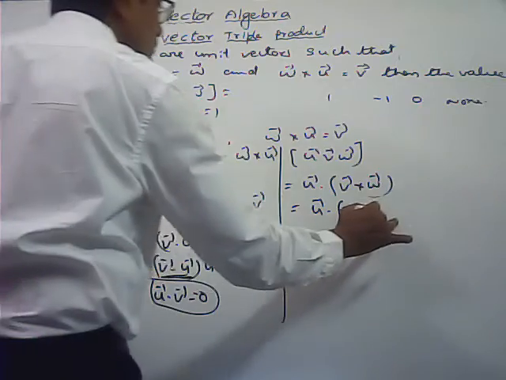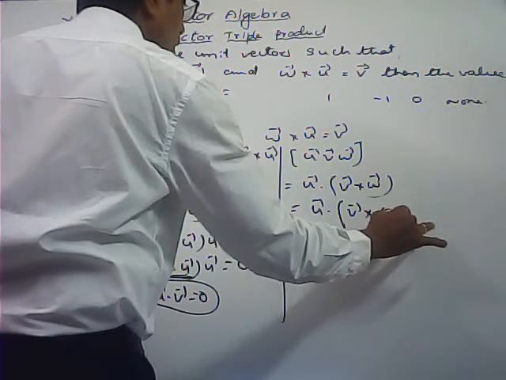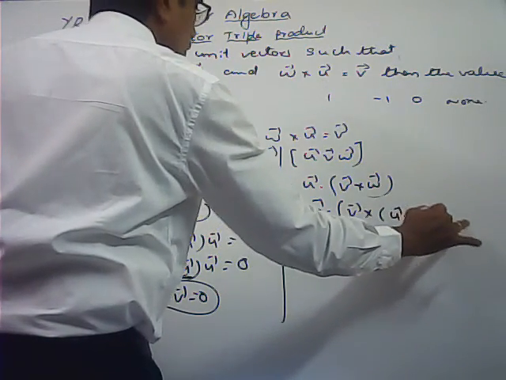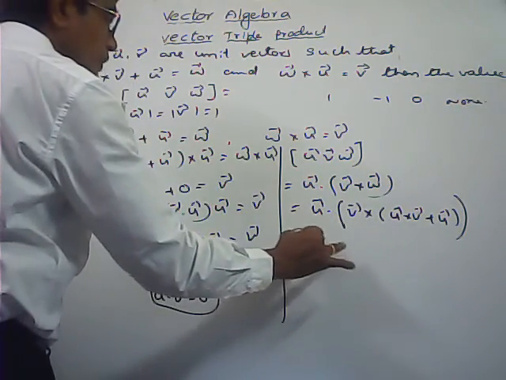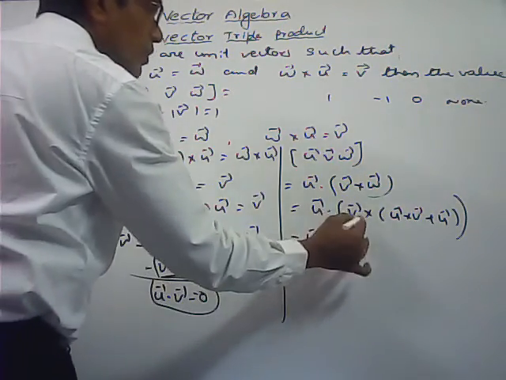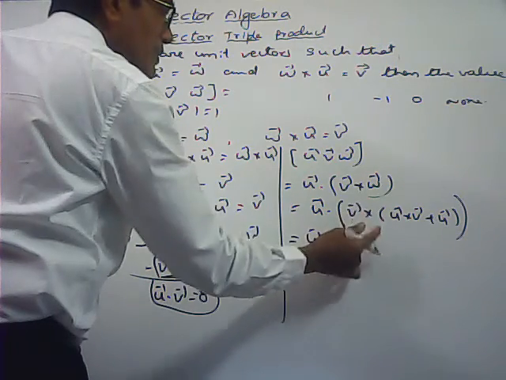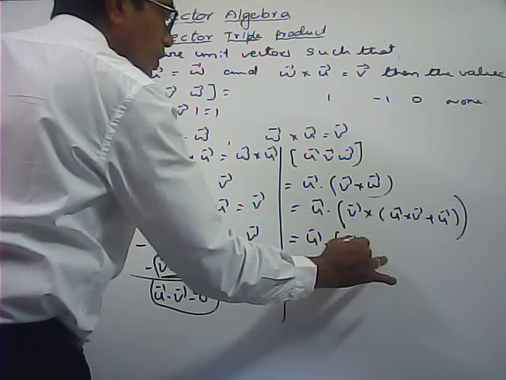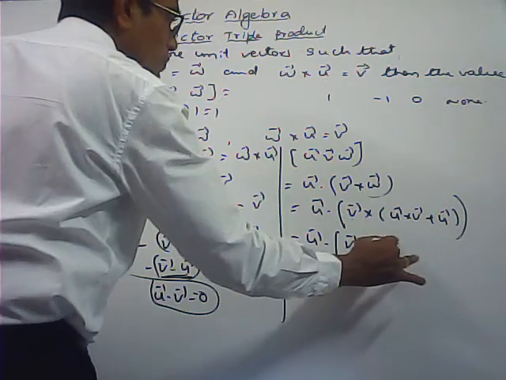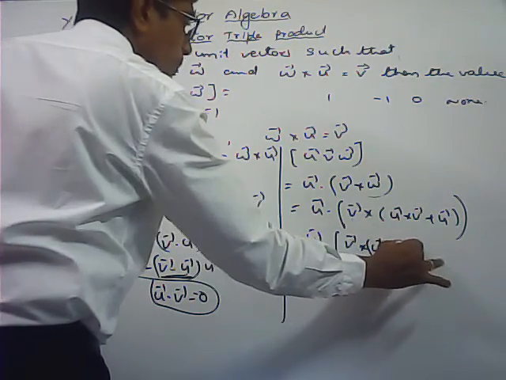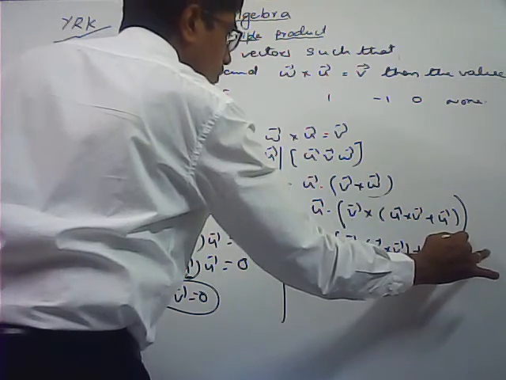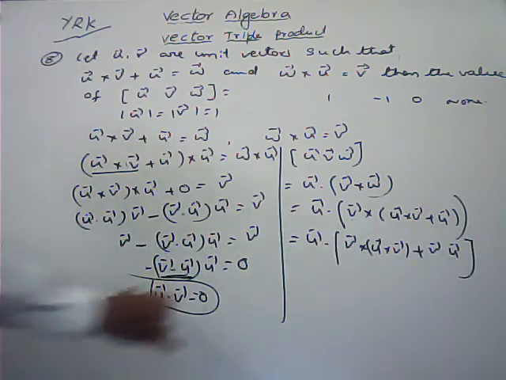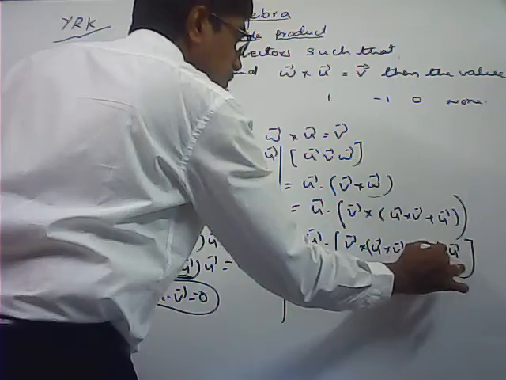W bar is equal to U bar cross V bar plus V bar cross U bar. So that is U bar dot V bar cross (U bar cross V bar plus V bar cross U bar).